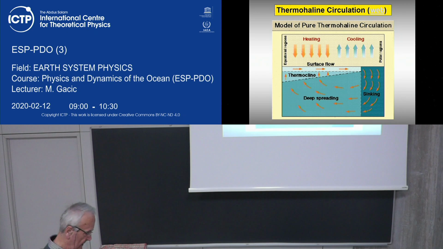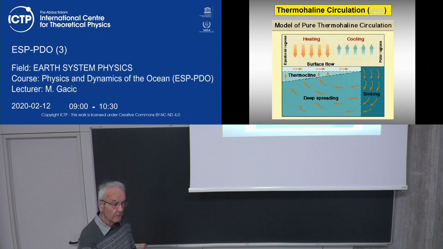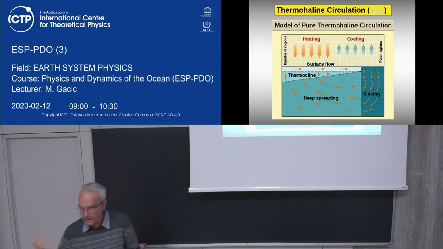So this is the thermohaline circulation, which explains, as I told you, rather well what is happening in a meridional transect across the ocean, a north-south transect.